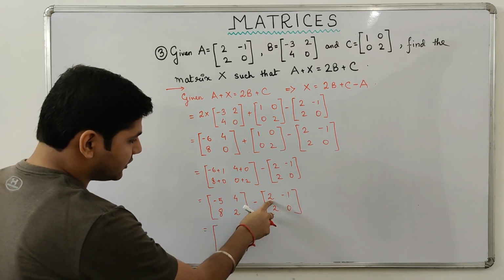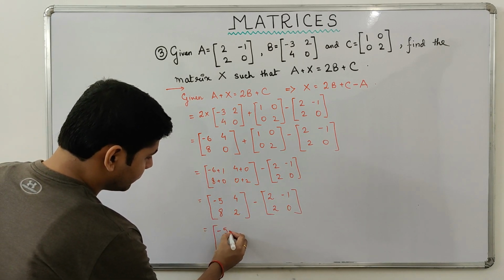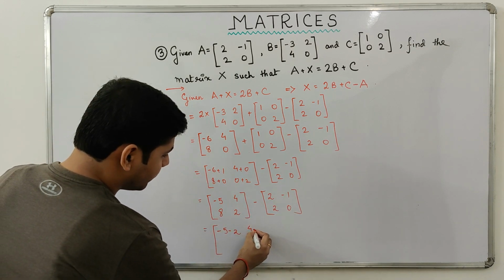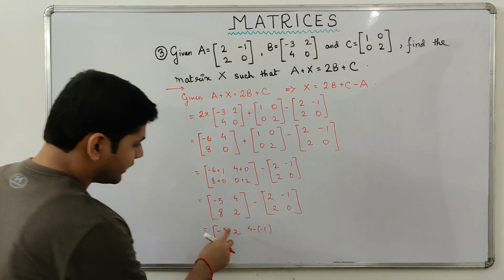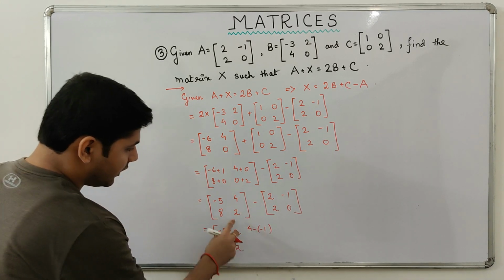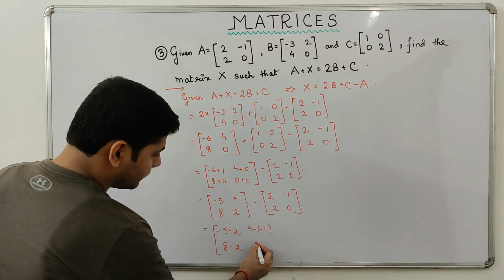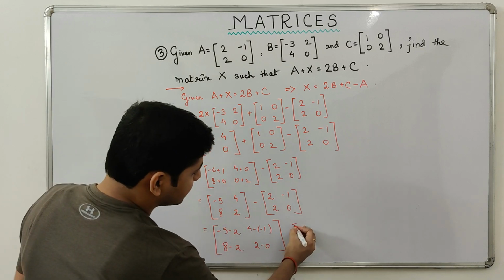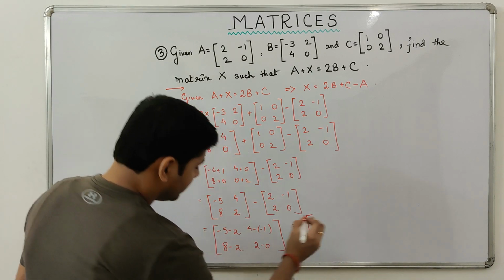Minus 5 minus 2, 4 minus of minus 1, 8 minus 2, 2 minus 0. So what do we get? The answer x.